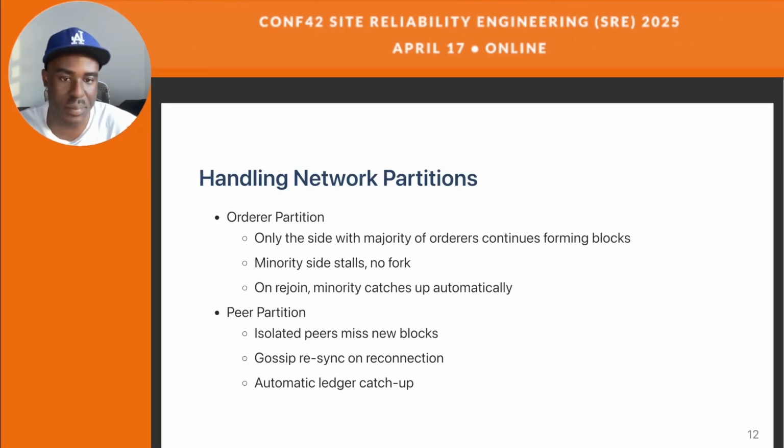Once the partition heals, the minority automatically catches up. For peer isolation, if the peers are isolated, they stop receiving blocks. When connectivity returns, they do gossip-based catch-up, pulling missed blocks from the healthy peers. So as architects, we want to distribute nodes across different zones or data centers so that we can still achieve a majority even if a region is cut off.